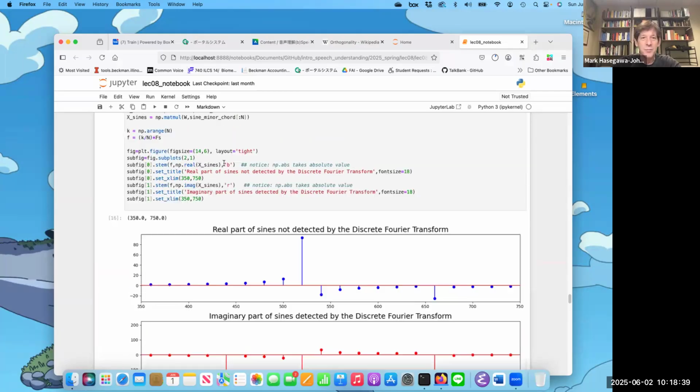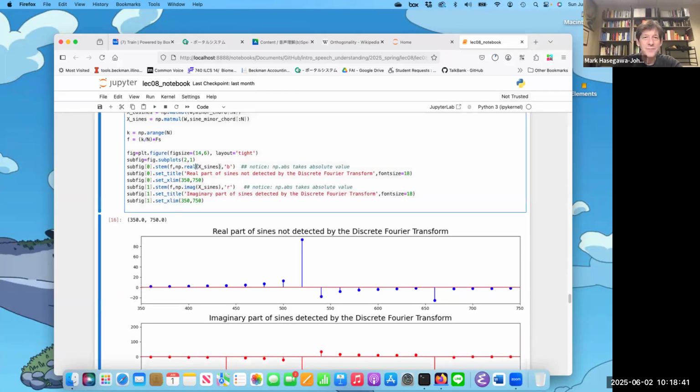But in both cases, I can take the absolute value, and the absolute value will be large no matter what it is that I have at the input. Cosines are detected by absolute value. And sines will also be detected by the absolute value.